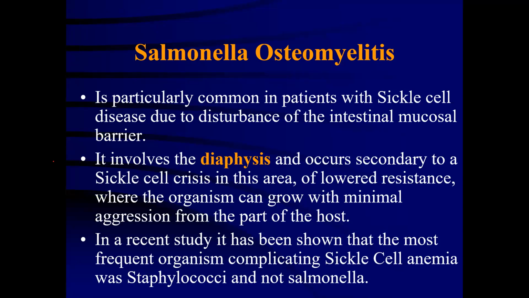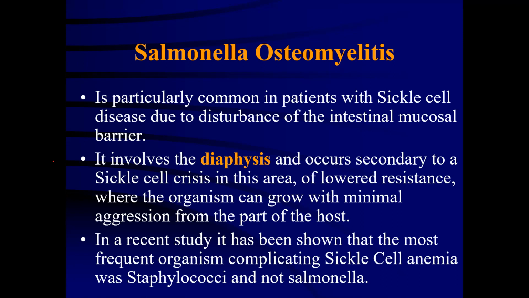I'm just mentioning Salmonella osteomyelitis, that it's not only the organism that is present. First of all, usually it's in the diaphysis. It usually occurs following a sickle cell crisis in the area, due to the lowered resistance, where the organism can grow with minimal aggression from the host.